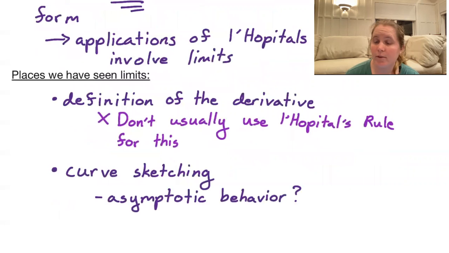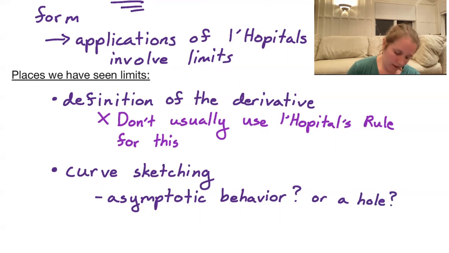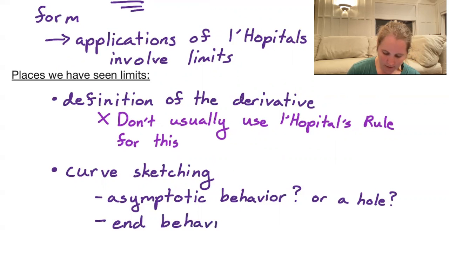If we have an x value where the function's undefined, we can check for asymptotic behavior, or if it's a hole. And then we can also look at end behavior, which is a limit at infinity. So this is another place we could have seen limits.